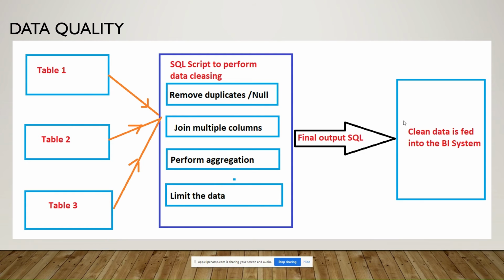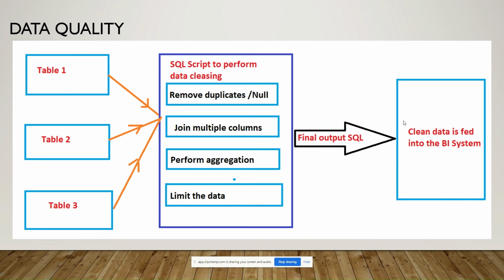So as part of data quality, we remove duplicates while extracting data. Sometimes we join multiple columns using concatenation, like a name column with first name and second name, and sometimes we aggregate the measures, like aggregating the sales data region-wise or country-wise. Sometimes we filter the data based on some conditions.